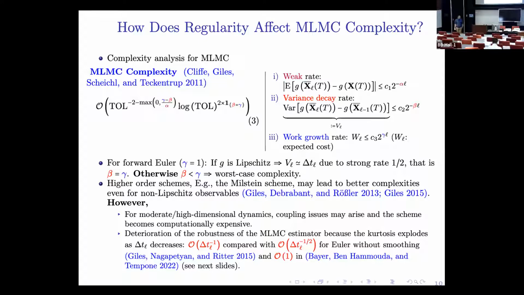And secondly, there is a deterioration of the robustness of the multi-level, because in those cases you will get a kurtosis that increases with the speed delta t_l to the power -1/2 as delta t goes to 0. This is the mesh at each level of the multi-level Monte Carlo, compared to O of delta t_l to the power -1/2 for Euler without smoothing. And you can get cases that are bounded, as we will show later.